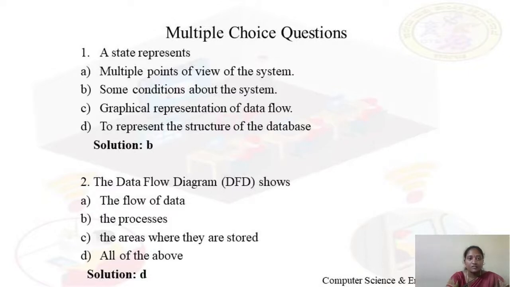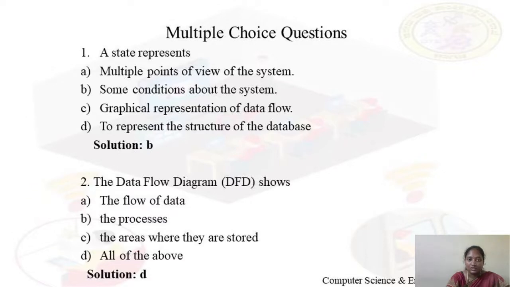Question 1. A state represents: A. Multiple points of view of the system, B. Some conditions about the system, C. Graphical representation of data flow, D. To represent the structure of the database.